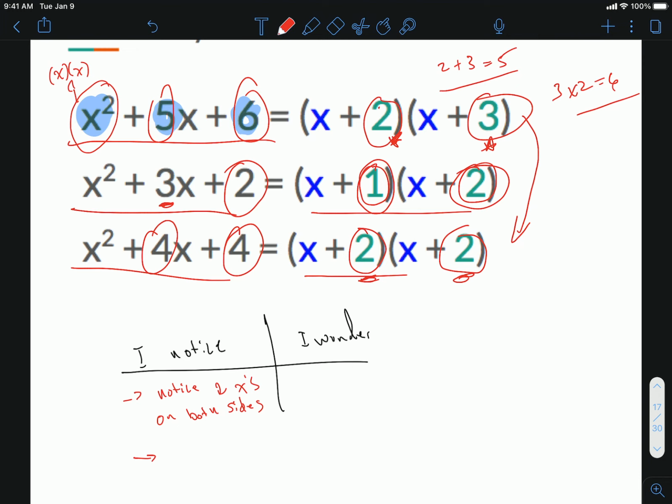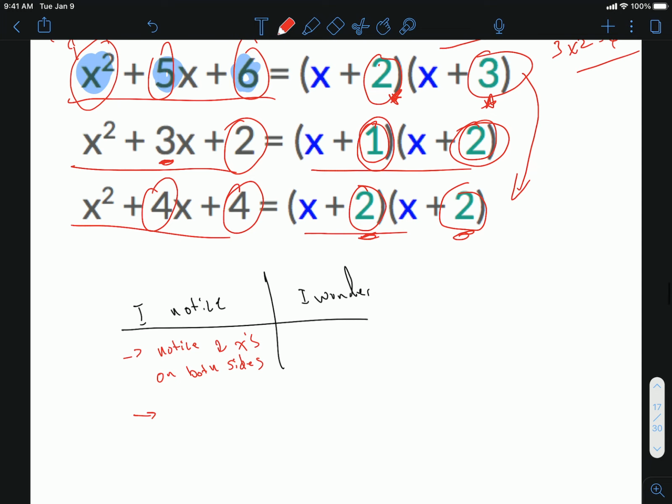So if I scroll down here, I'm noticing that the numbers in green are special.